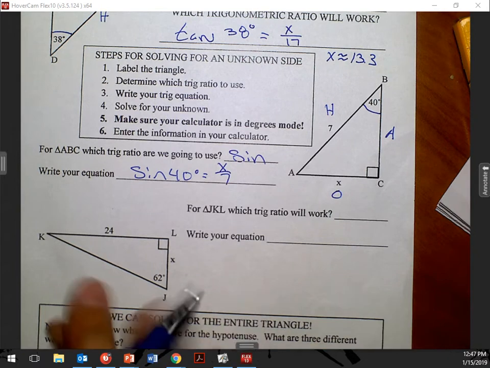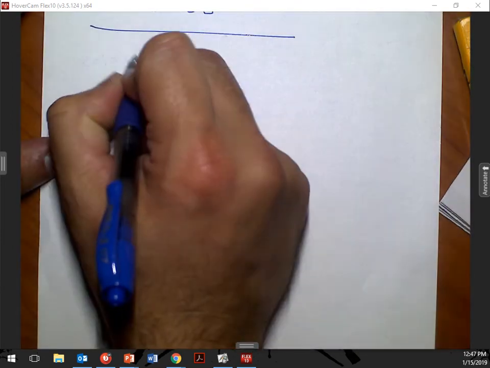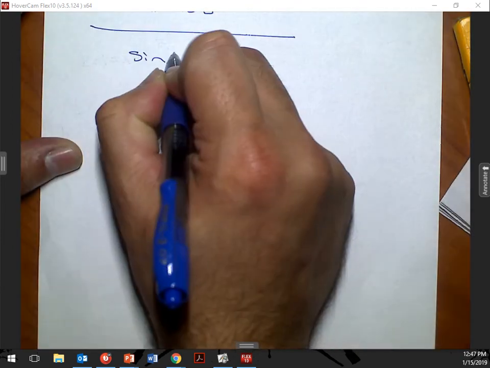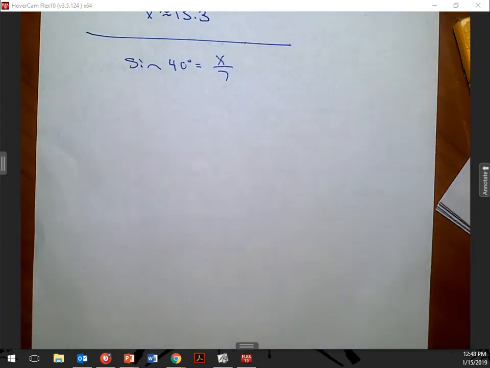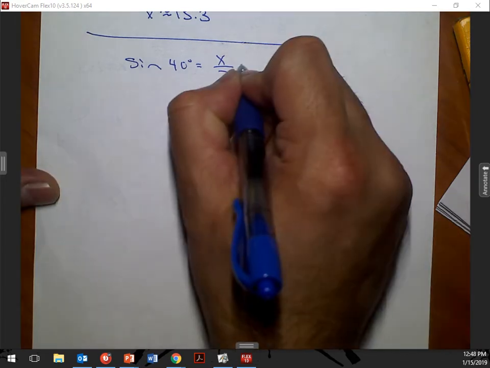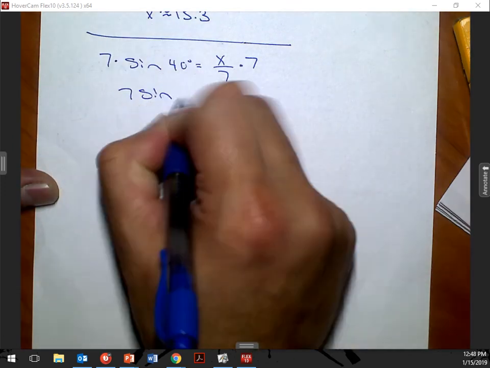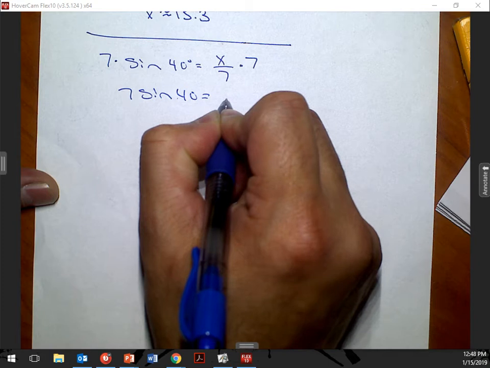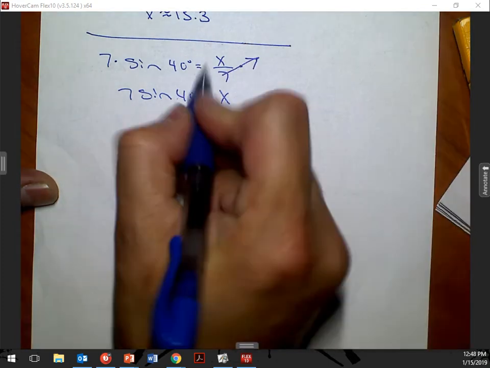Okay, so I'm going to flip to the back again. So go to line paper on this so you guys could actually do the math here. What am I going to do to both sides of the equation? Multiply by 7. So I get 7 sine of 40 is equal to x, because the 7's cancel, right? Is this by itself now?